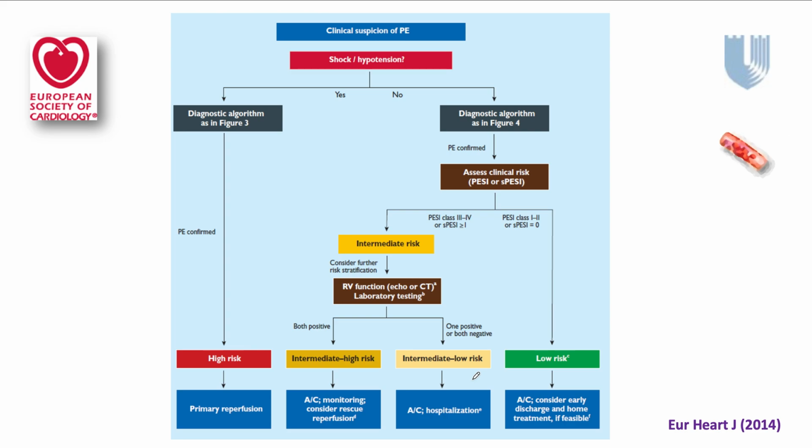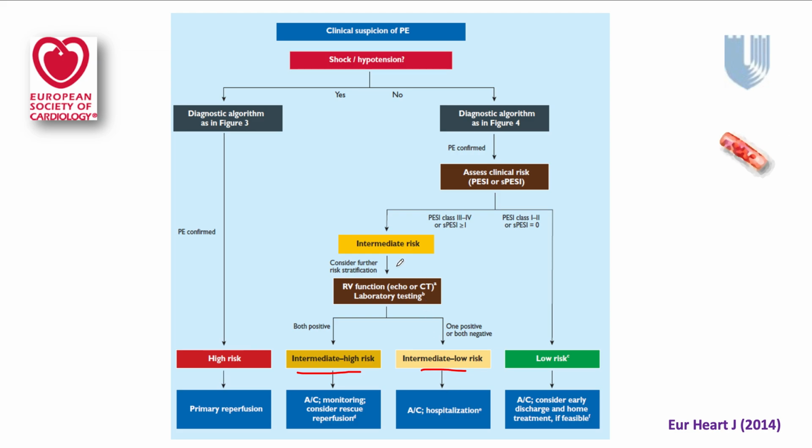anticoagulation, and perhaps discharging patients home when they are deemed to have non-massive low-risk PE according to the Simplified Pulmonary Embolism Severity Index. And the debate comes when we reach a clinical situation where there is an intermediate high-risk PE versus intermediate low-risk PE, and what defines that.